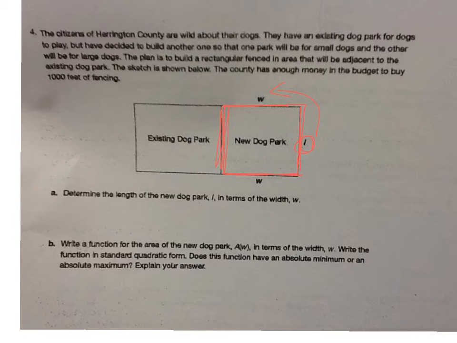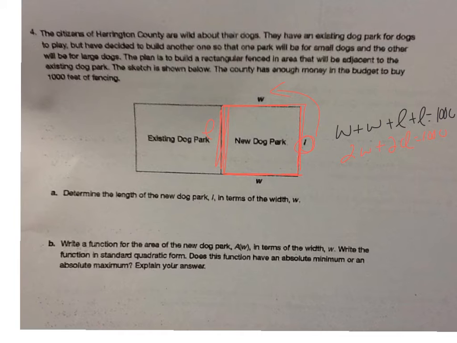So this is also L. So we're going to have a W plus another W plus an L will equal 1,000 feet, because you have W plus L plus L right here. So now you can combine like terms. So you have 2W plus 2L equals 1,000.